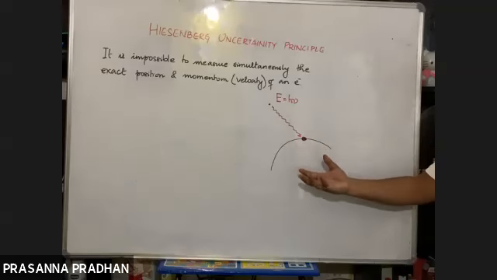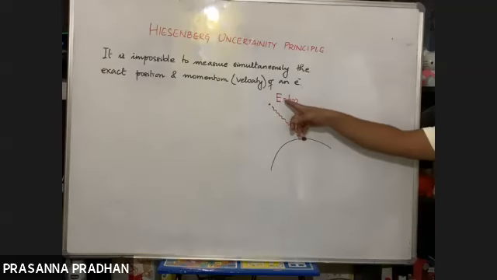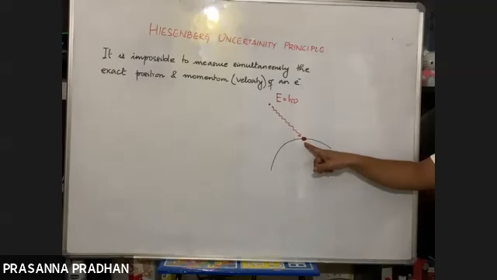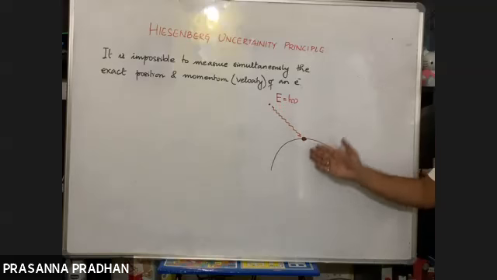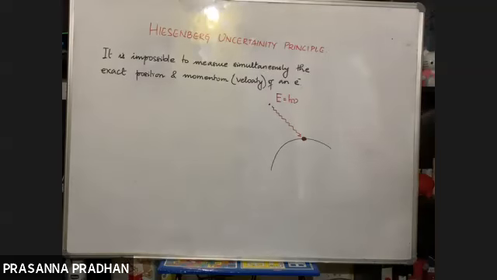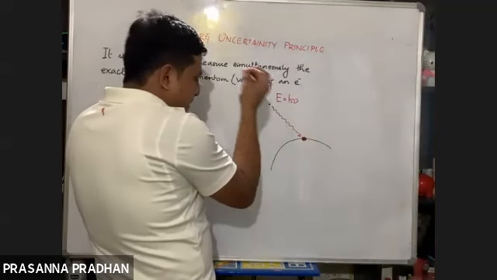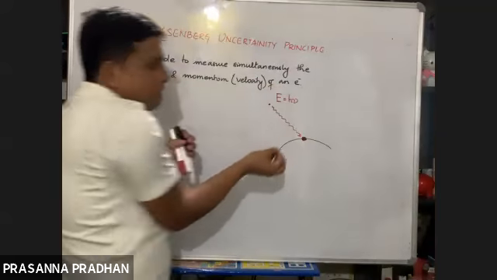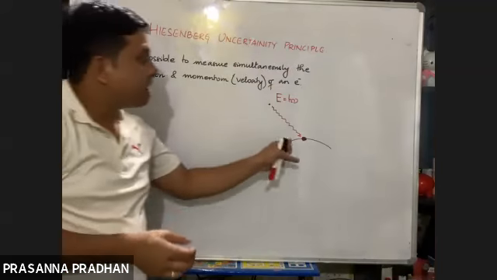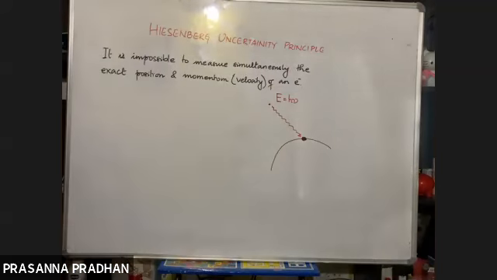It is changing. Due to the impact of this photon, the velocity of this electron is changing. Now if velocity changes, obviously momentum changes. That means when we precisely determine the position of the particle, velocity and momentum are changing.